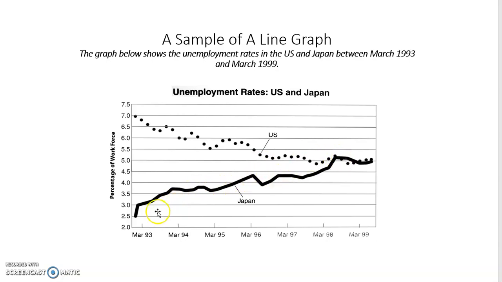So we look at everything overall. We don't just look at the highest point or the lowest point of one particular period. Because if you just talk about the highest unemployment rate in the US, for example, 7% in March 1993, you only focus on what happens in March 1993.